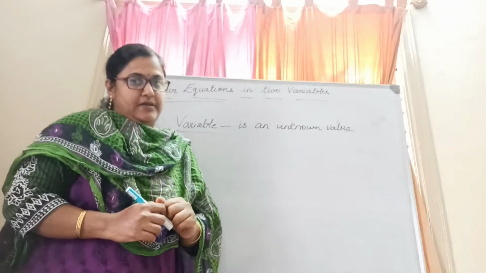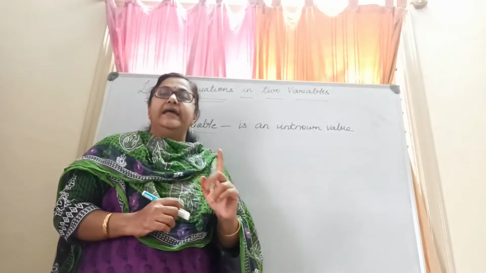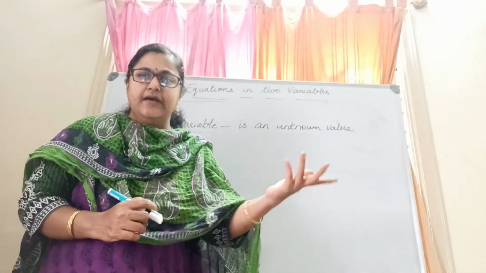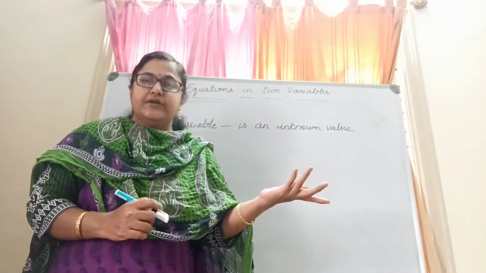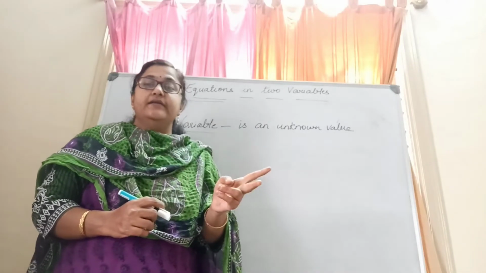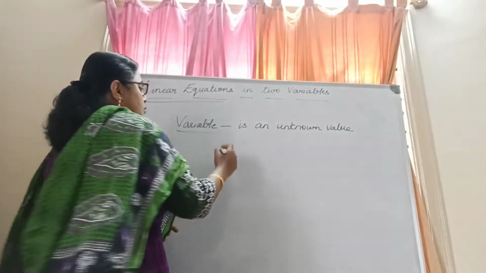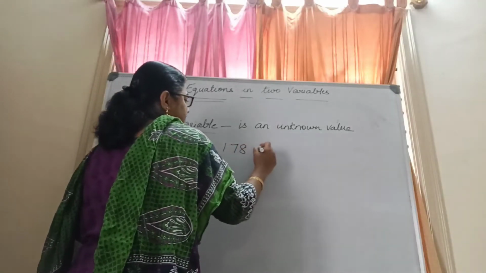For example, in a one-day cricket match between two countries, let it be any two countries, you all watch cricket matches, right? Say two Indian cricketers have scored a total of 178 runs.